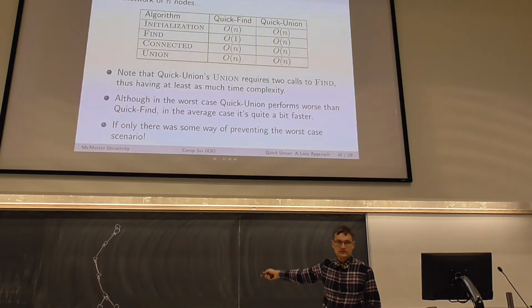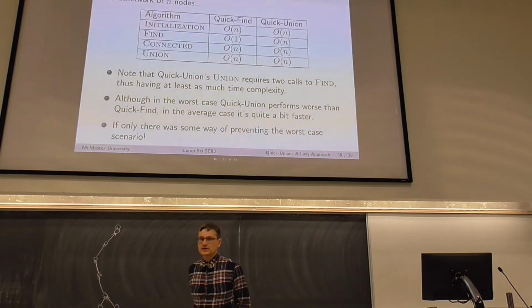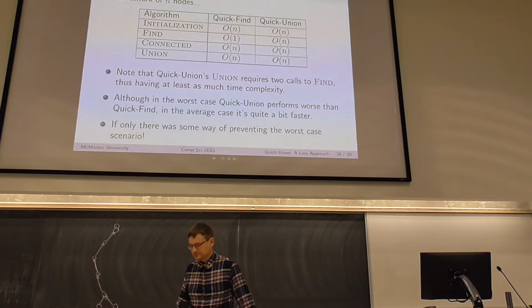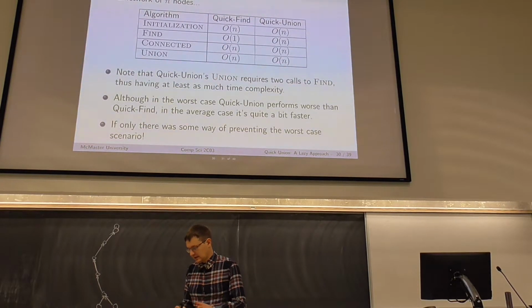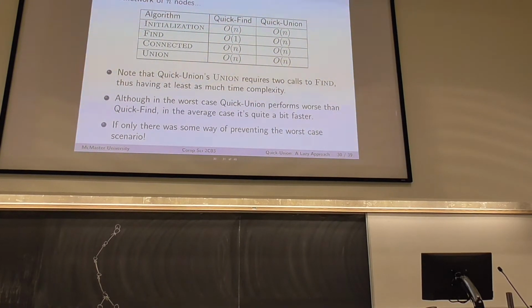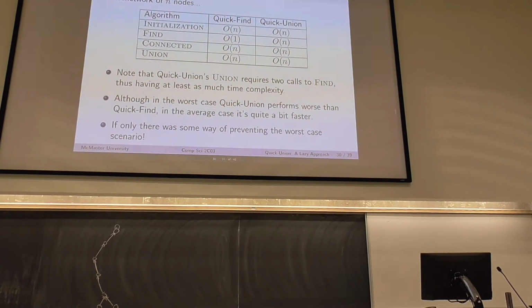Most of the time, perhaps the overwhelming majority of the time, you're going to be dealing with much flatter trees, right? Depending on the size of the algorithm, of course, the tree is not going to be a linked list most of the time, so you do a lot better than linear time most of the time.